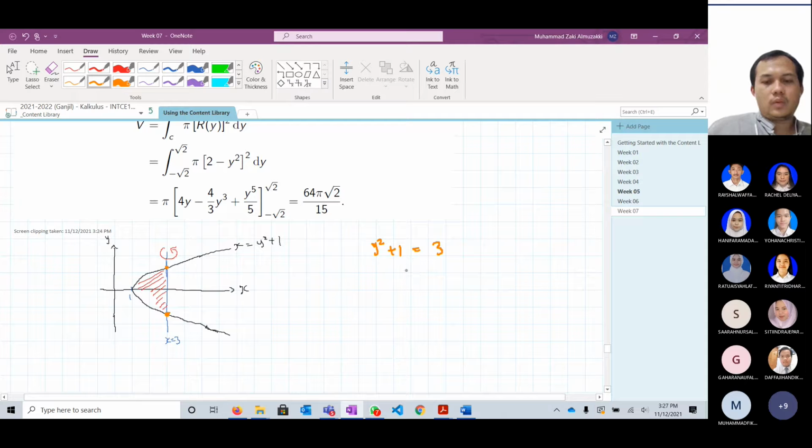So we have y squared equals 2. That's why y equals plus or minus square root of 2. So this is square root of 2, and the bottom one is minus square root of 2.